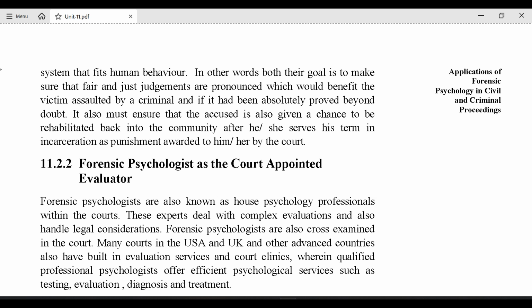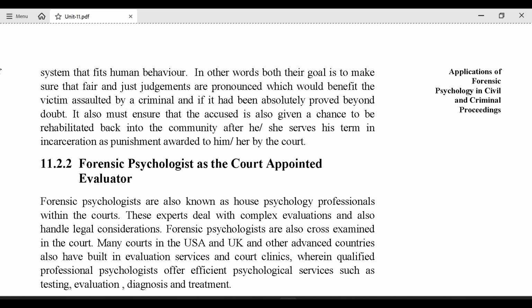In other words, both their goal is to make sure that fair and just judgments are pronounced which would benefit the victim assaulted by a criminal, if it had been absolutely proved beyond doubt. It also must ensure that the accused is also given a chance to be rehabilitated back into the community after he/she serves his term in incarceration as punishment awarded to him/her by the court.